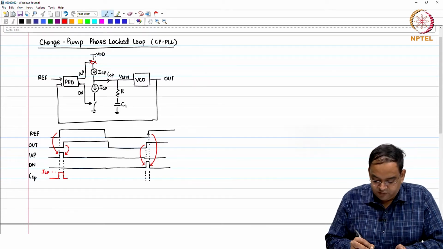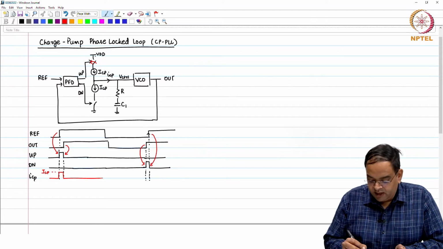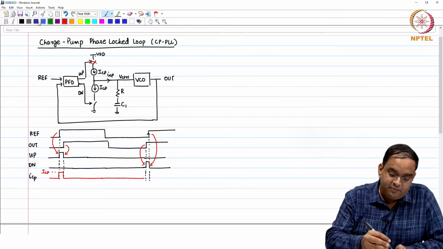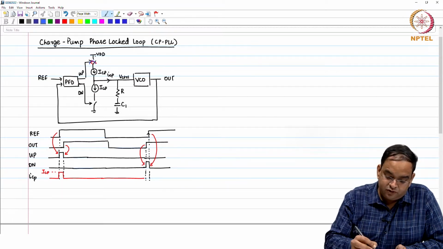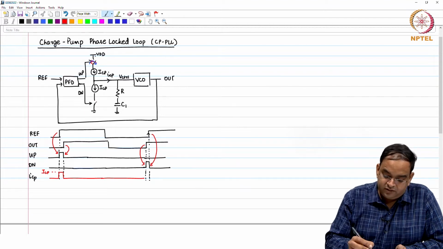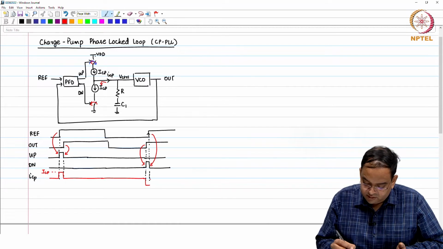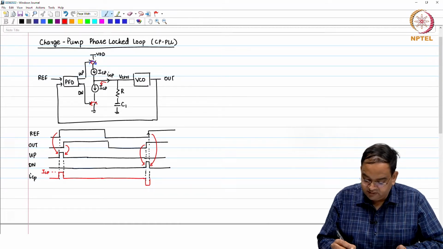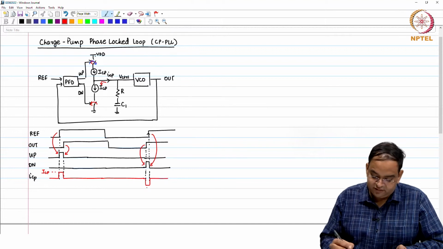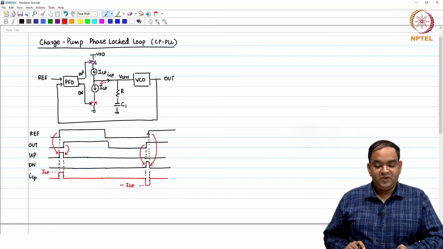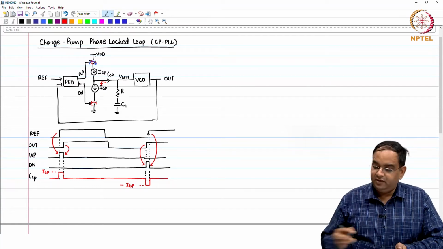It flows for this much amount of time, and then when the down pulse goes high, your up pulse goes low. So, the switch is open again, the down pulse goes high, this switch gets closed, and the current ICP flows in this direction. Notifying the direction by the sign, your ICP current is like this. This value is minus ICP. This is how the current flows.